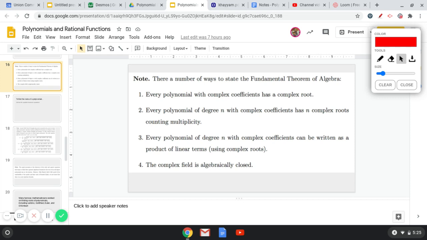So this just means a polynomial of n degree, whether or not your coefficients are real, because real coefficients go inside the complex field, they'll have n complex roots. So a combination of complex and real roots, which is what we talked about.